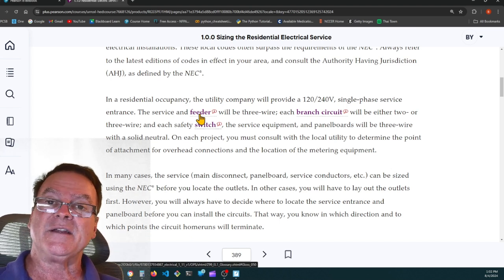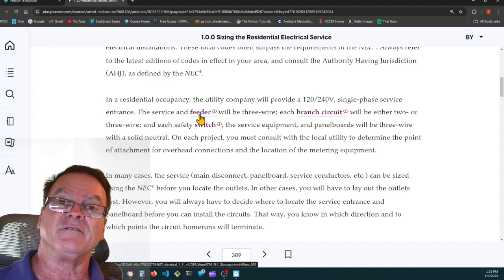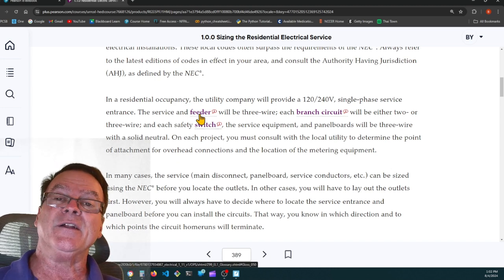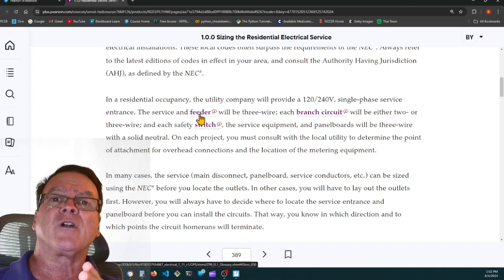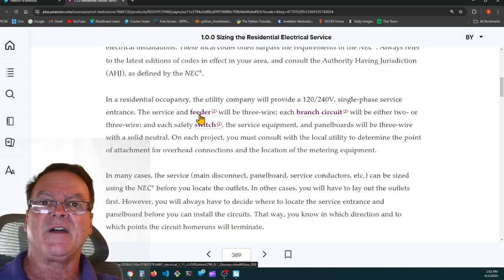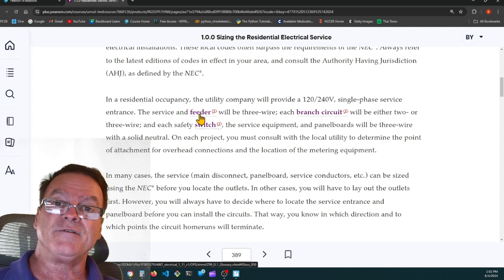If we have a secondary panel, if there is a second floor and we're required by code to have a panel on the second floor, then we will serve it with a feeder. A feeder goes between overcurrent protection devices. So between the overcurrent protection devices in the main panel and those sub-panels, those are feeders.